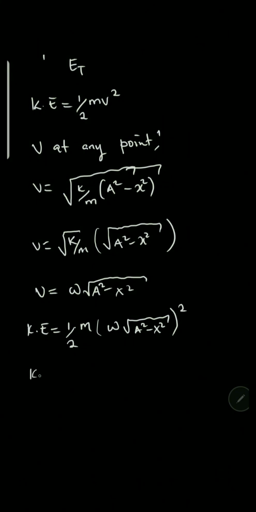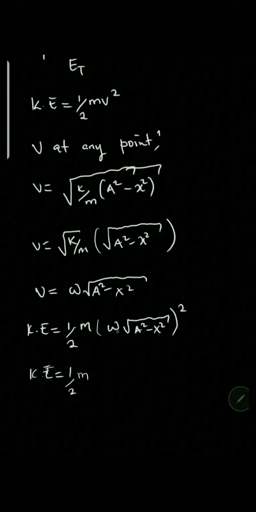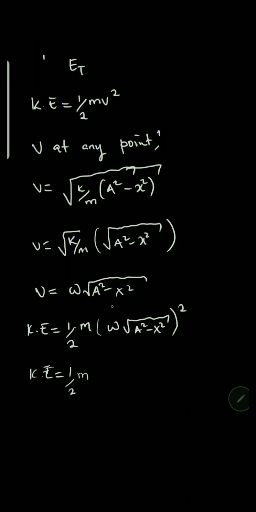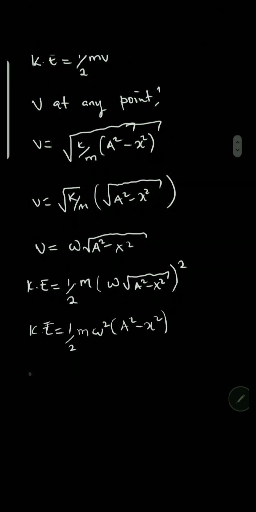So our kinetic energy is equal to half the mass, and everything in this parenthesis is squared, it means that our angular frequency will be squared. Then when you square the square root, you just obtain what is in the root, which is a squared minus x squared, like this.